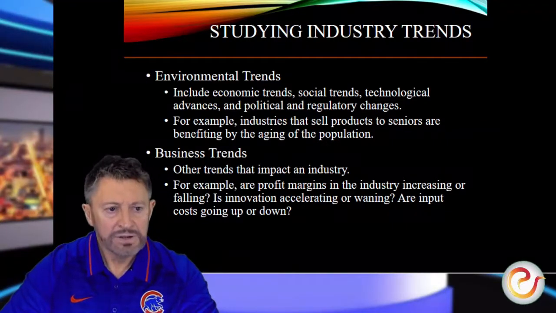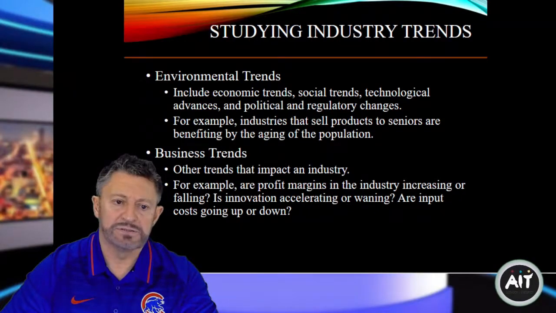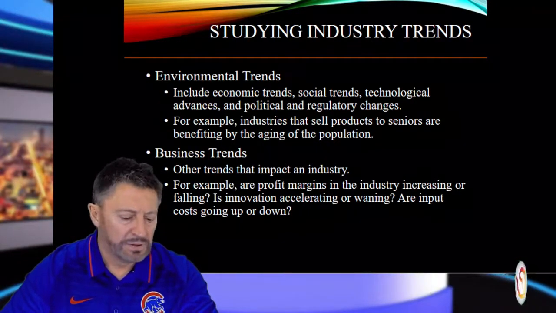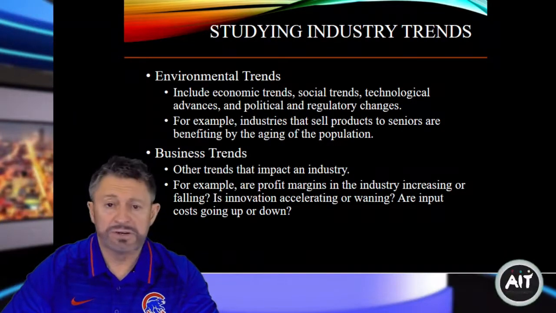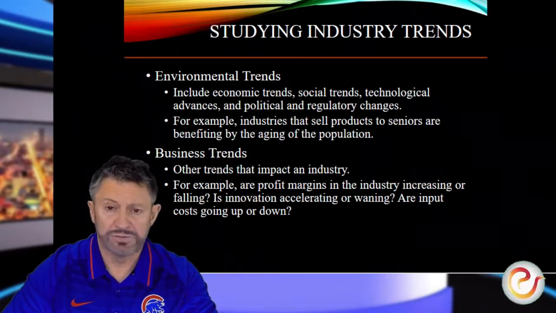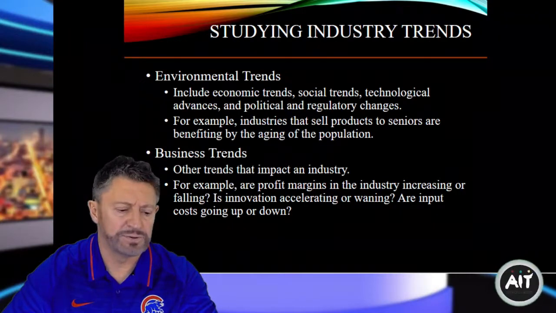So if you look at any of these, for example, are the profit margins in the industry increasing or falling? Well, profit margins are increasing, certainly in the biking world. As I just mentioned, anywhere between 12 and 20% increase in the retail price of bikes.